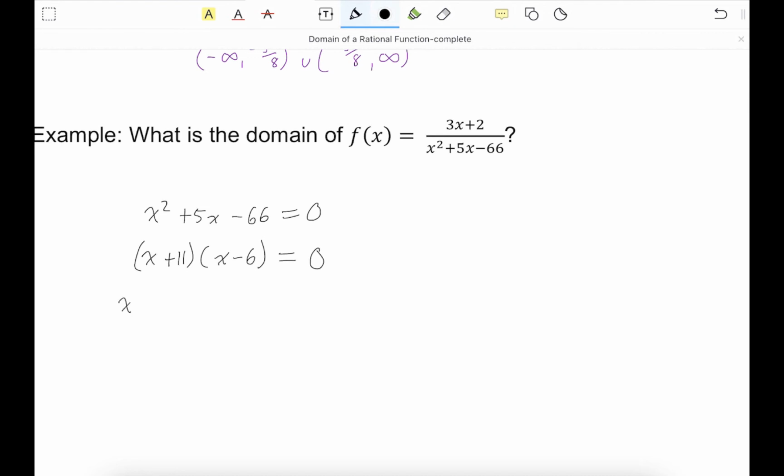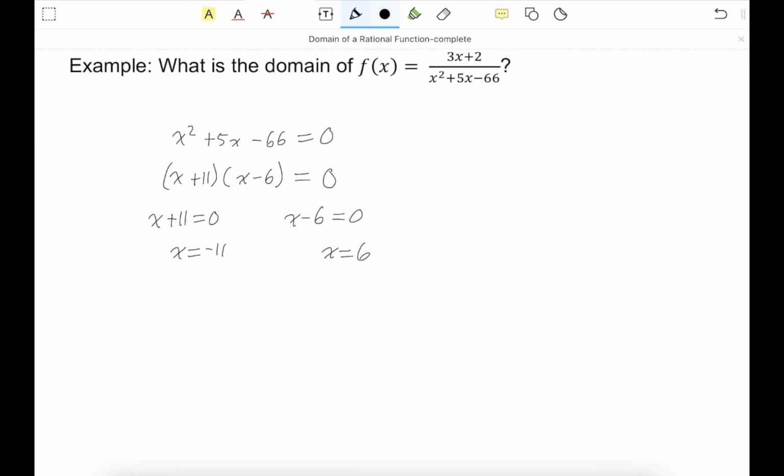And then set both of these equal to 0. And I get x equals negative 11 and x equals 6. So those two values I don't include in the domain.